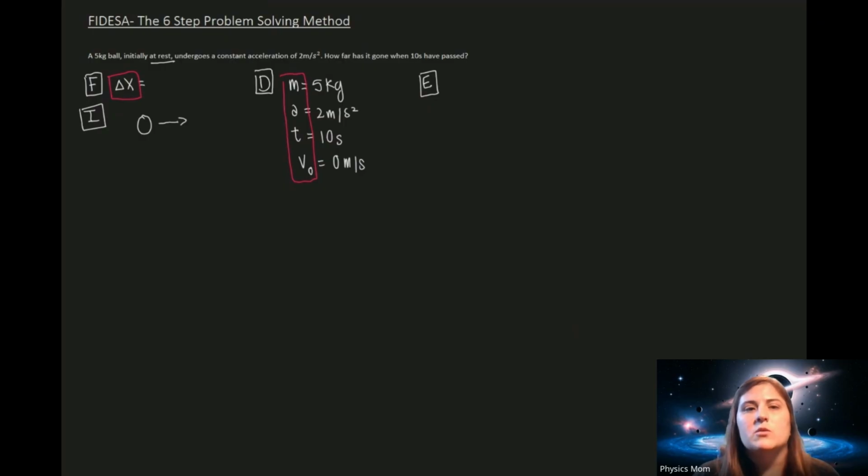For this particular problem, it actually fits one equation rather perfectly. It's one kinematic equation that you'd have in a list on a formula sheet, and the kinematic equation is delta x equals v initial t plus 1/2 a t squared. It turns out that's really the only equation I need.